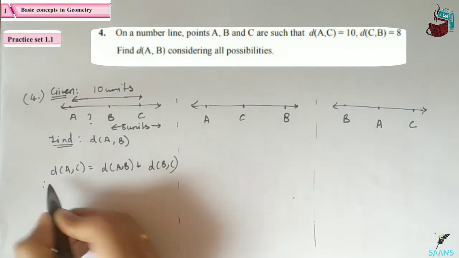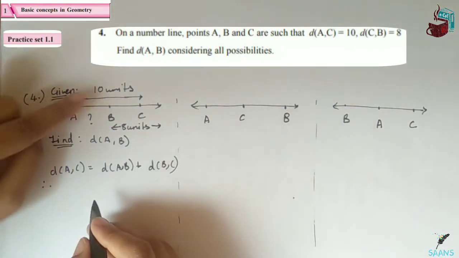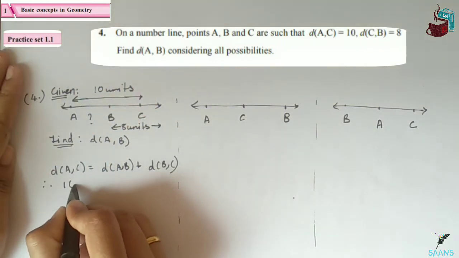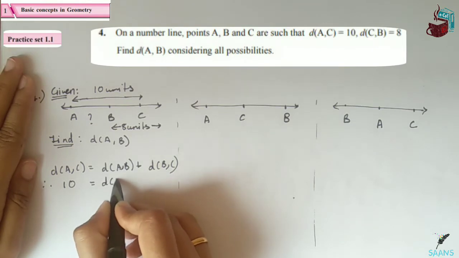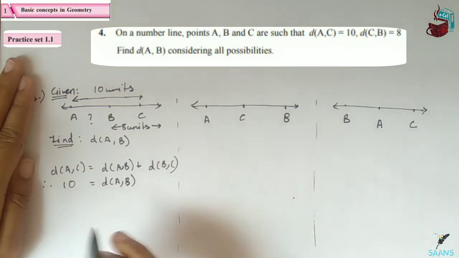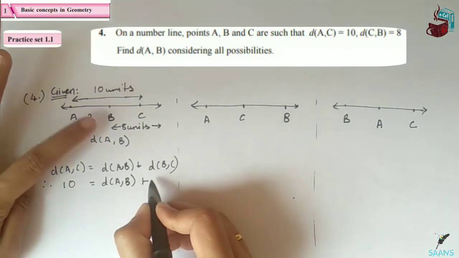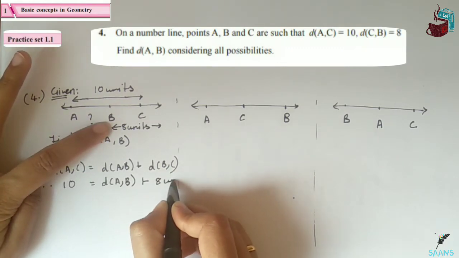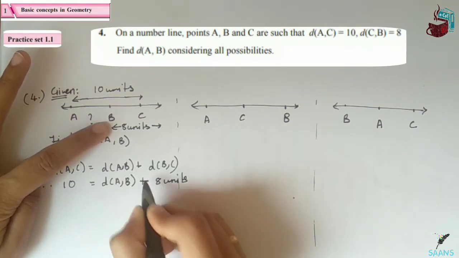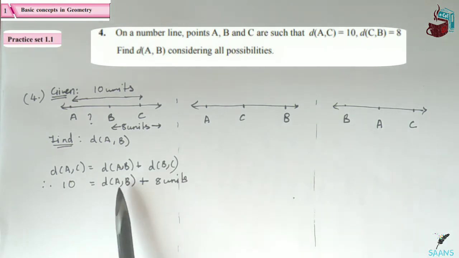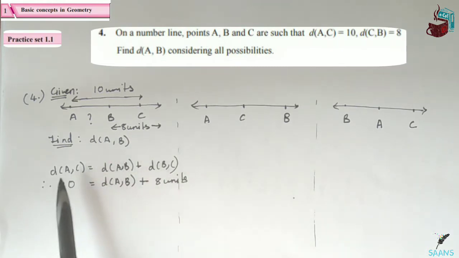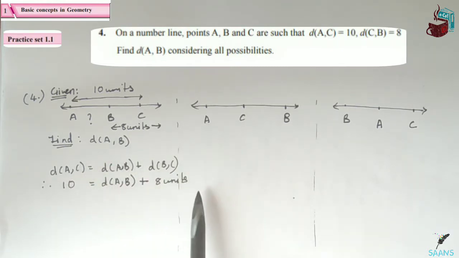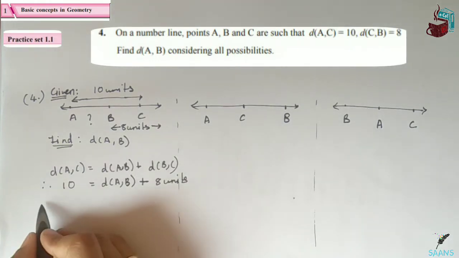Now we put the values. Distance AC is given as 10 units. Distance AB we have to find out, so you write it as it is. Same method for everything. Plus distance BC is 8 units. Whatever is unknown, you keep it as it is. Take this number to the right side of the equation, and this number changes its sign.